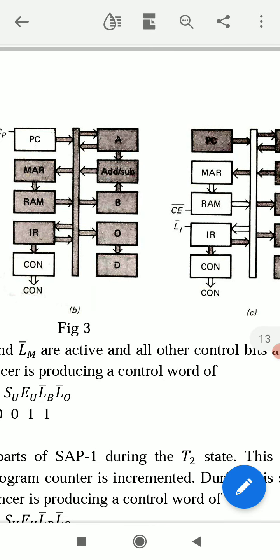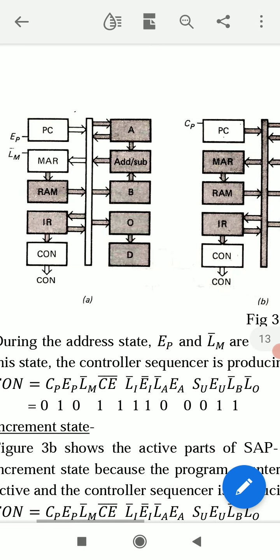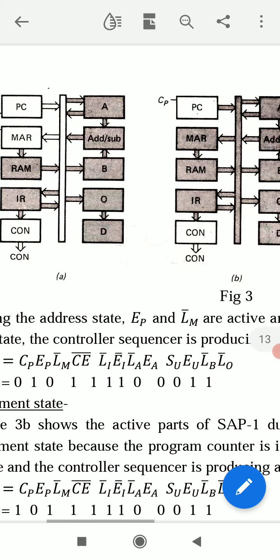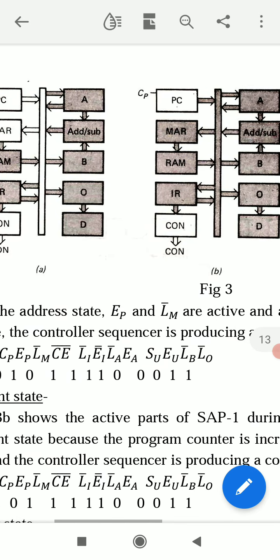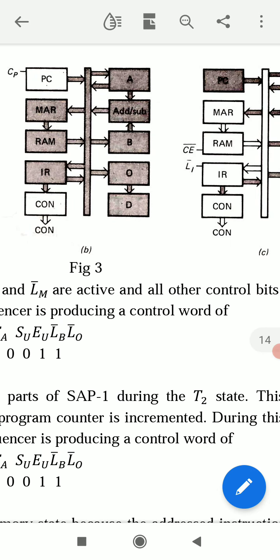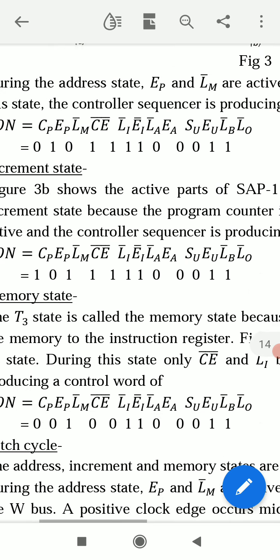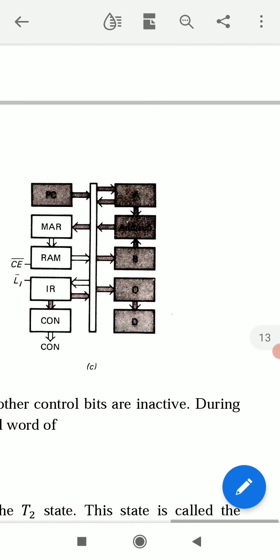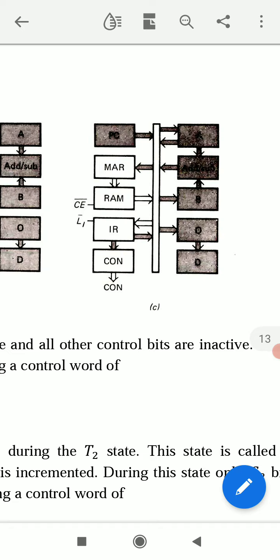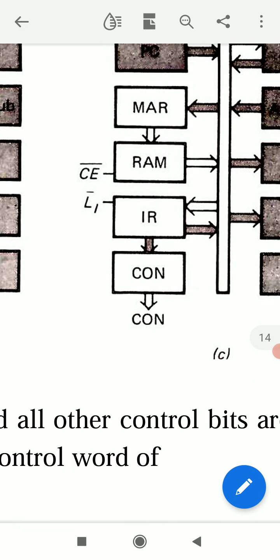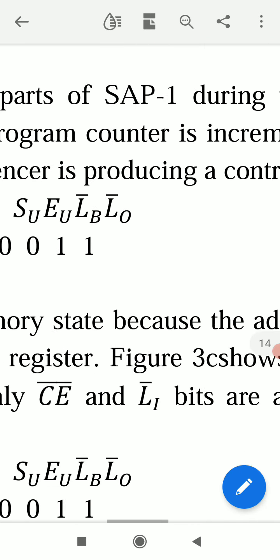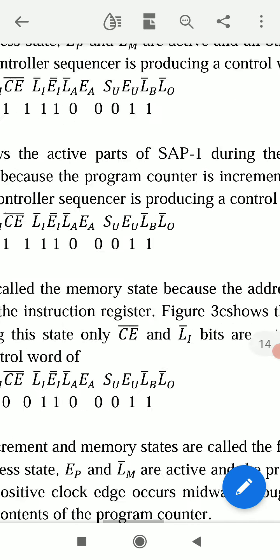Controller sequencer is always active in all these T1, T2, T3 states. In T3 state, active bits are CE bar and LI bar. So CE bar is 0 and LI bar is 0.